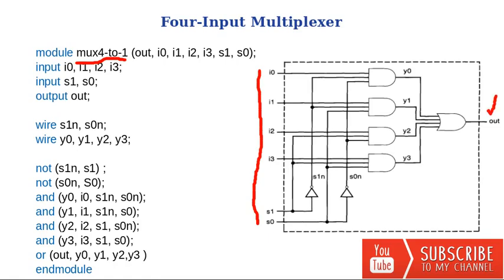After that we describe the input and output separately, and the internal wires or connectors are described using the wire data type. Then according to the structure of this 4 input multiplexer, we use the built-in primitives for NOT gate, AND gate and OR gate as shown in this figure. Then endmodule will end the code for this 4 to 1 multiplexer.